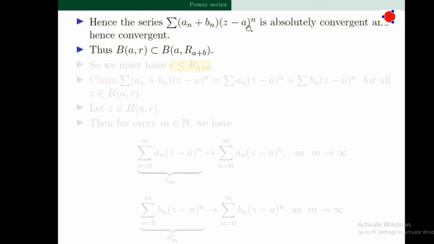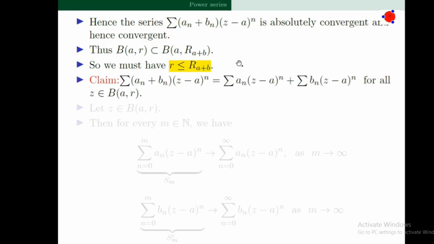But note that Ra plus b is the radius of convergence of this power series, and this power series converges for all z such that mod z minus a is less than r, and this means that the open ball with the center a and radius r is contained in the open ball with the center a and radius Ra plus b. This means that R is less than or equal to Ra plus b.